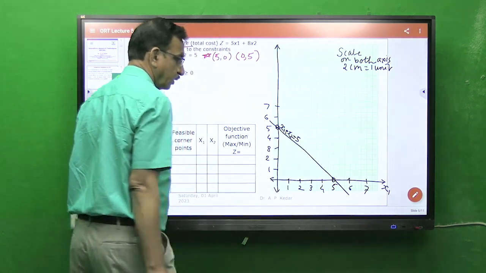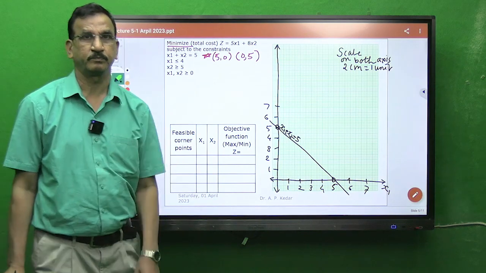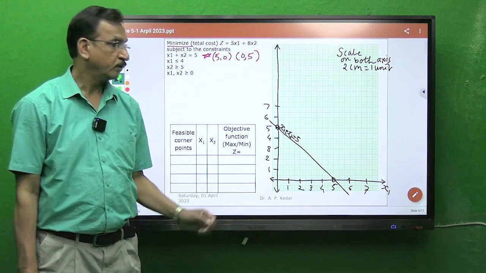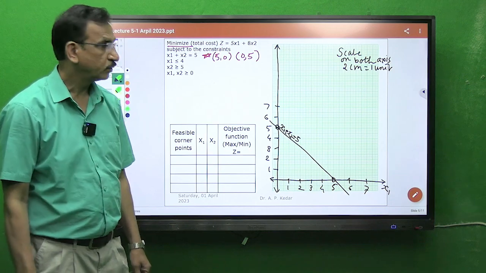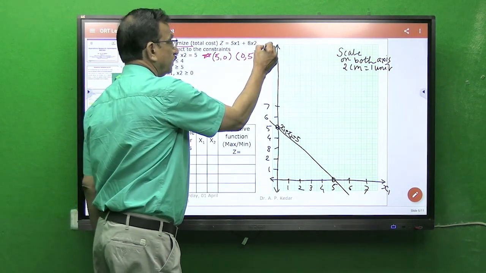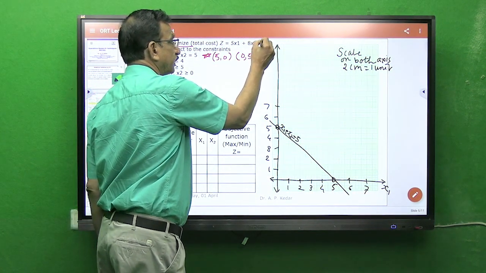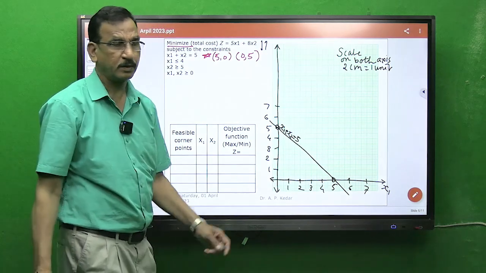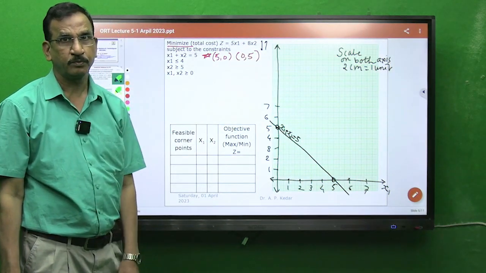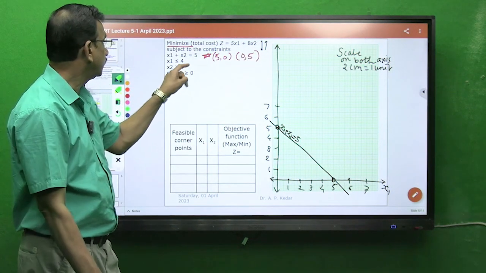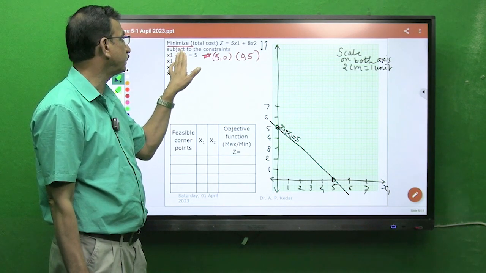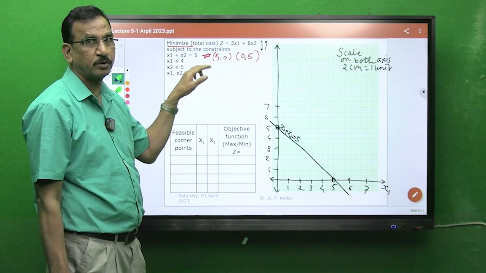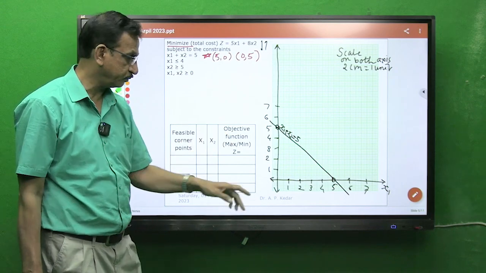Now one thing you have to remember, very very important, whenever there is equal to sign on the line, you cannot mark the area representing like this by arrow, because it is specifying the condition, the value of x1, if you put x2 0, is only equal to 5.